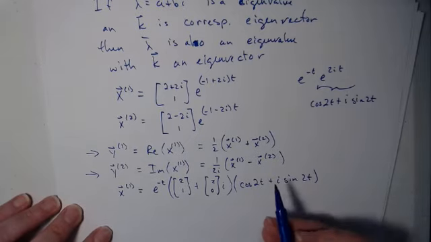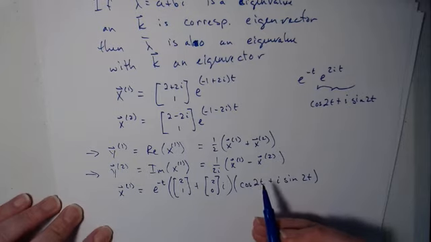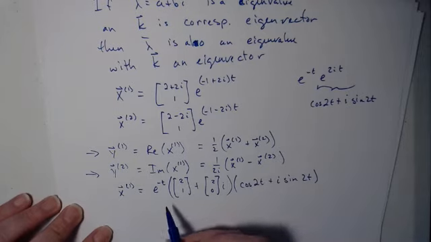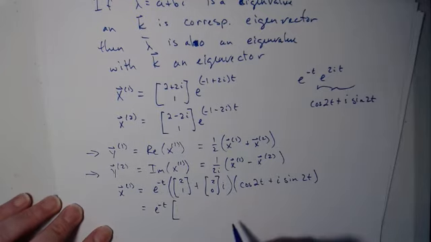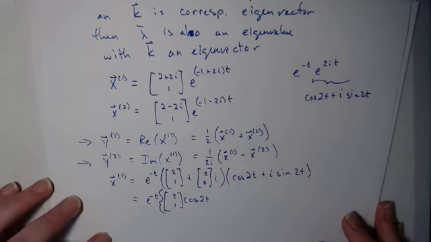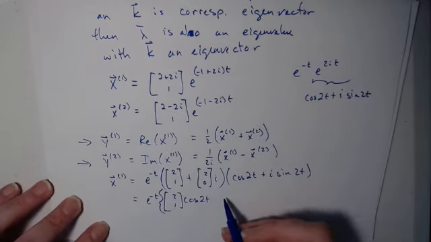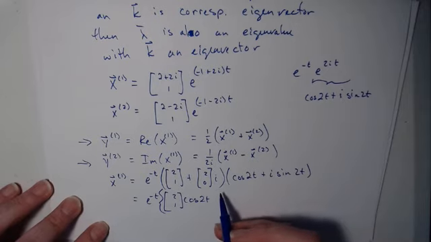If I distribute these out, leaving the e to the minus t alone, I will get 2, 1 cosine 2t. And then I'm going to go out of order here.